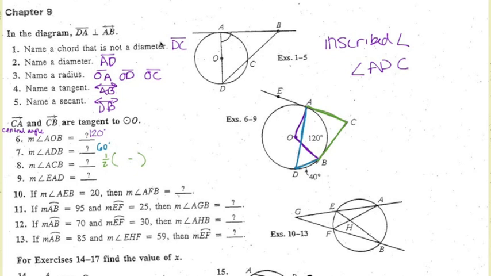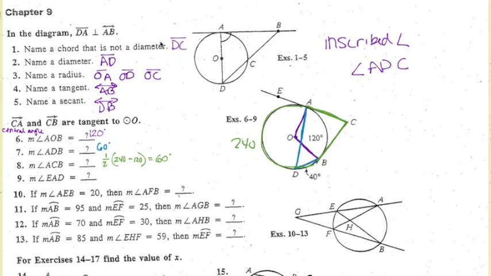It cuts off the arc from A to B that's labeled 120, and it also cuts off the arc from A to B around the other way. How big is that? The other part of 360. So the whole circle is 360. If there's 120 on the inside of that angle, subtract from 360 to find that there is 240 on the outside of that angle. And this is going to be 1/2 of 240 minus 120, which is 60.